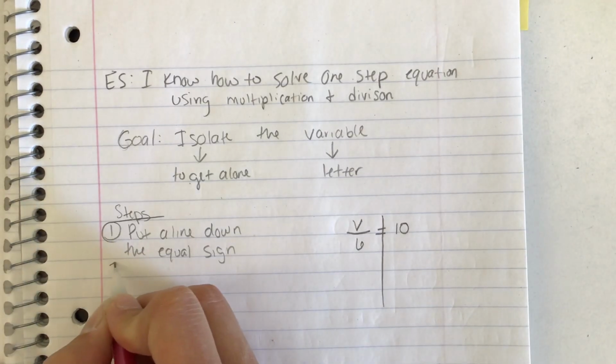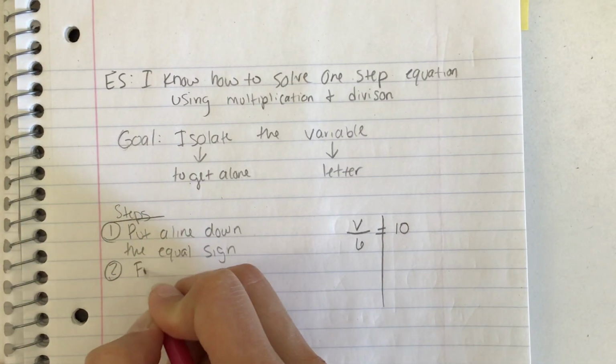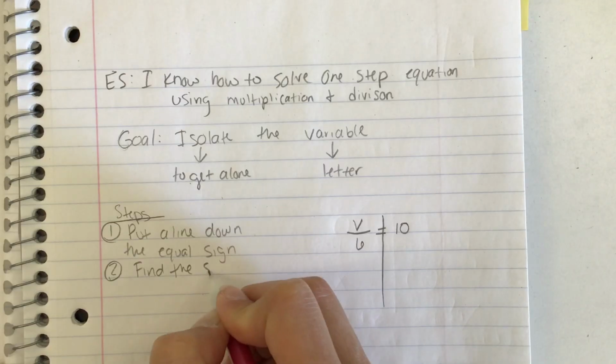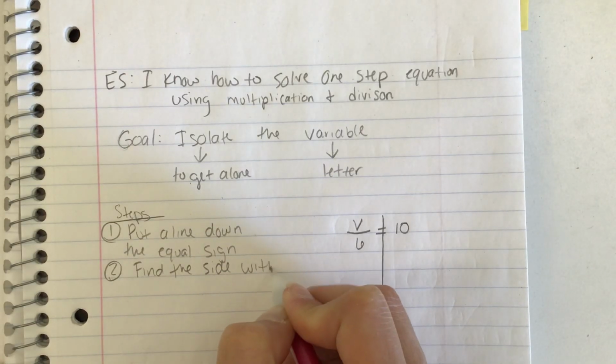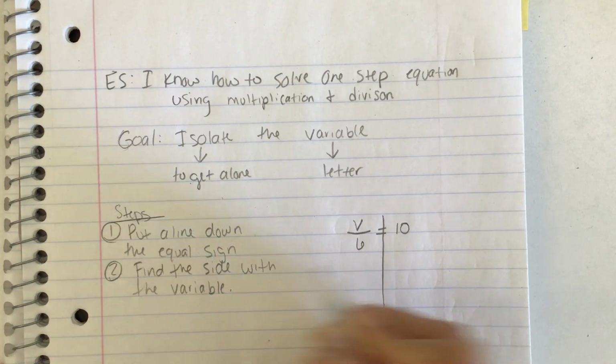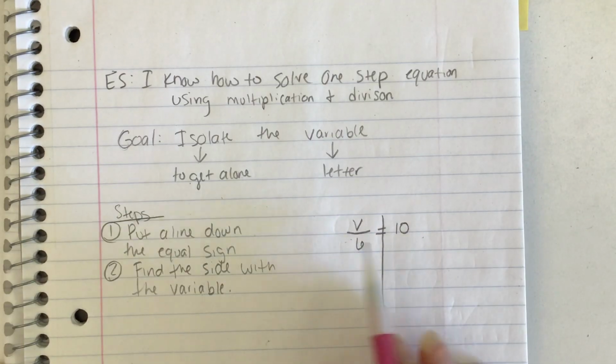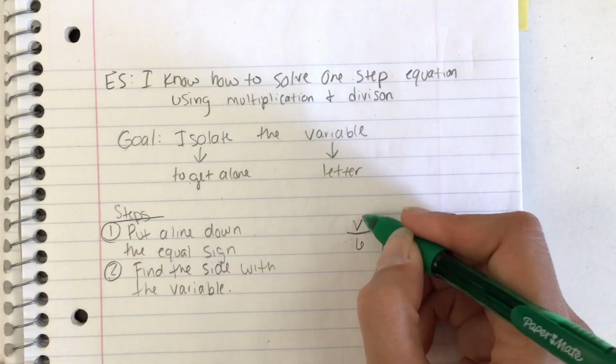Our step number 2 is to find the side with the variable. Again, the left-hand side of the equal sign has our variable v.